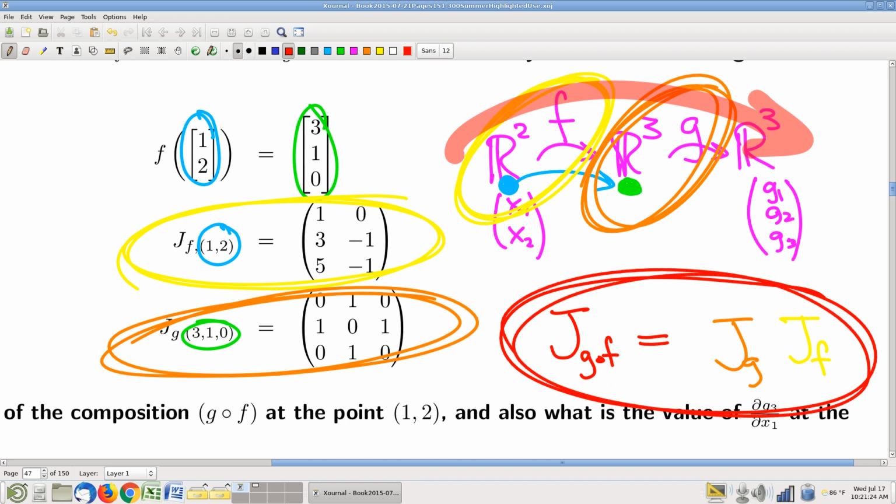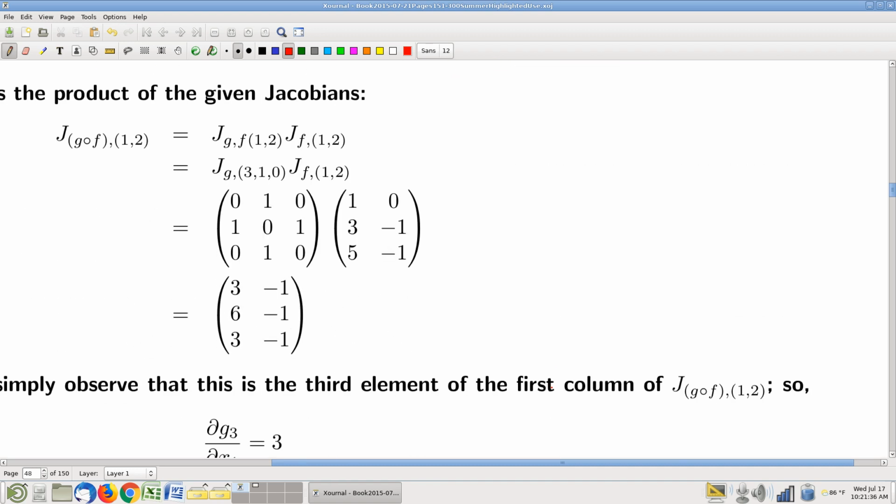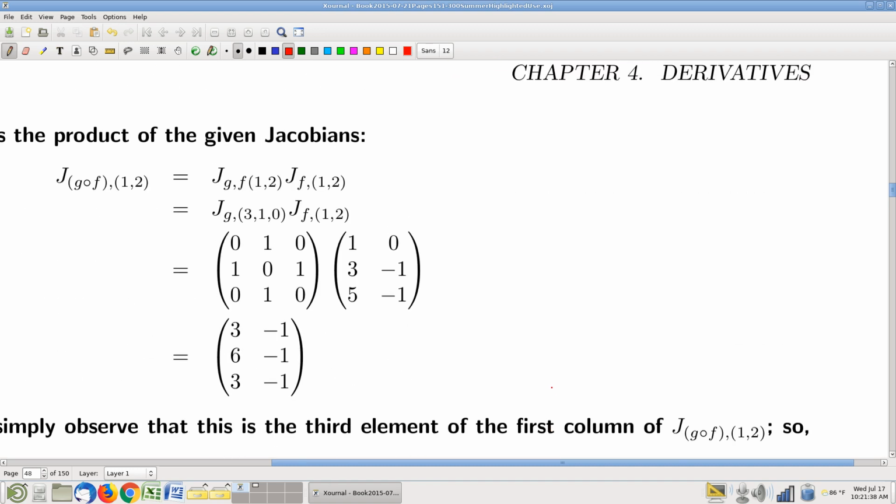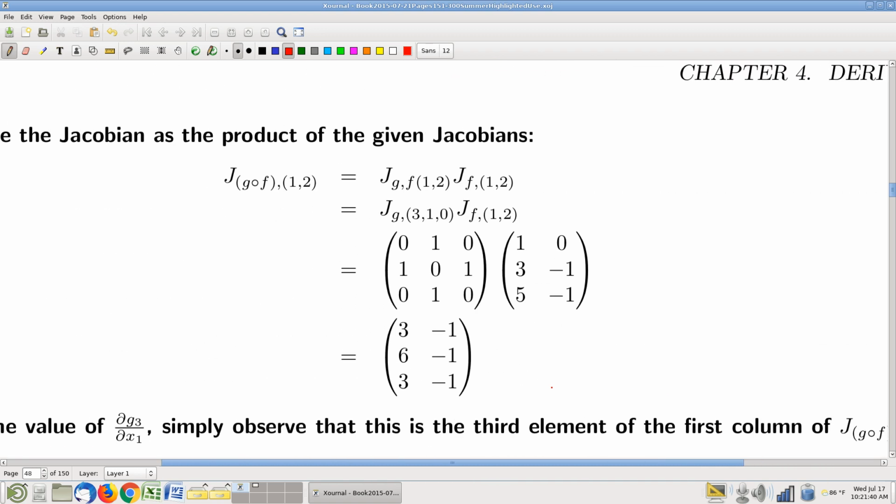Okay. And notice those matrices are given. There they are. Make sure to write the product down in the right order. Again, if you get these backwards, you're all messed up. In fact, it doesn't even make any sense. If you try to multiply these matrices in the wrong order, it just wouldn't work out. Now here's how it works out in this case. We have the Jacobian of G on the left, and the Jacobian of F on the right.